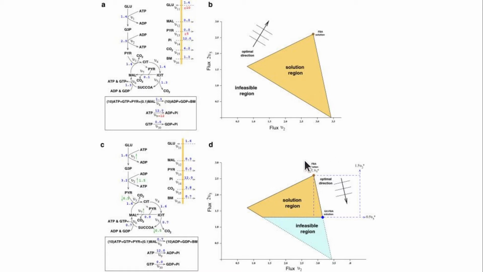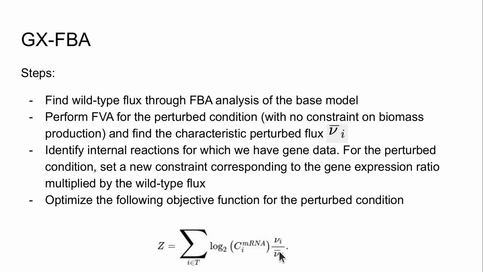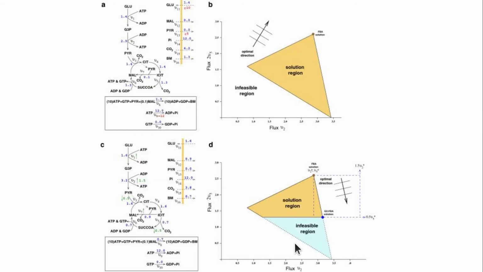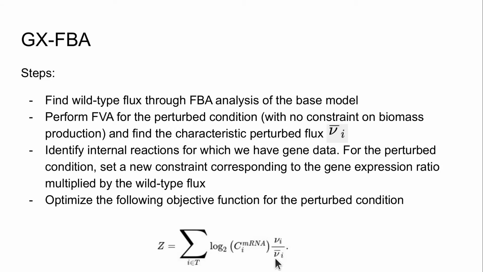Because this V under here is something that isn't dependent on the fluxes at any given time. This is something that will be constant for the model as a given, based on how we run the FVA for it. So this is strictly both this log2 C mRNA and VI.